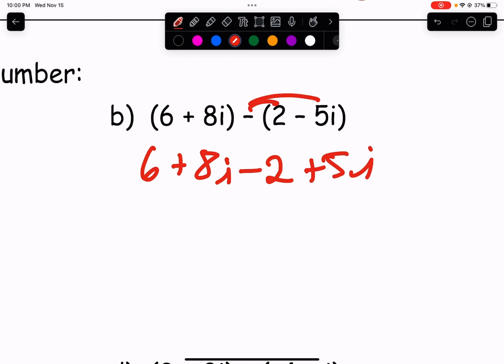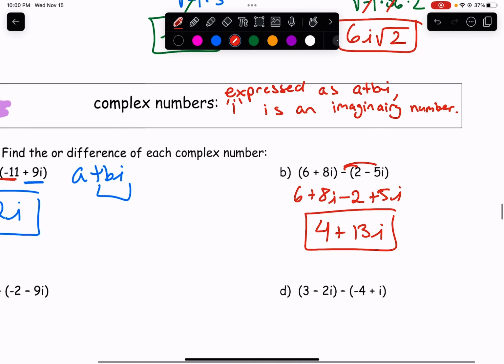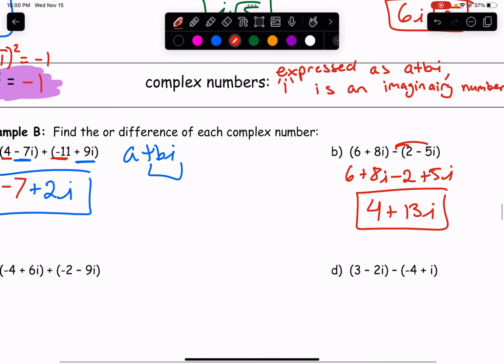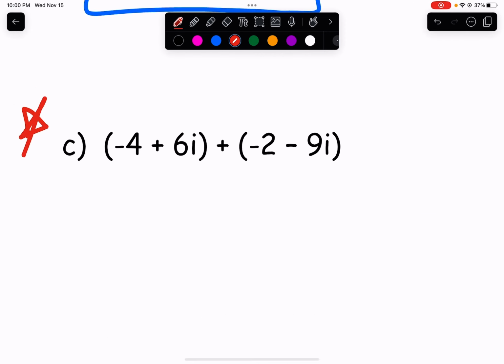And again, we just combine like terms like we normally would. So far, nothing has really changed. You guys probably already know how to do this. If we had just replaced the i with an x, right? It's pretty much the same thing. So go ahead, see if you can do C.